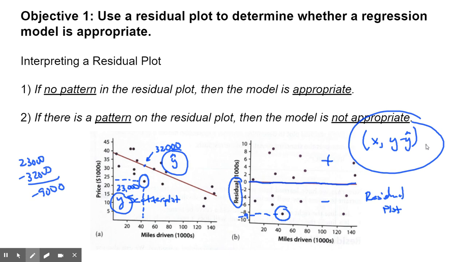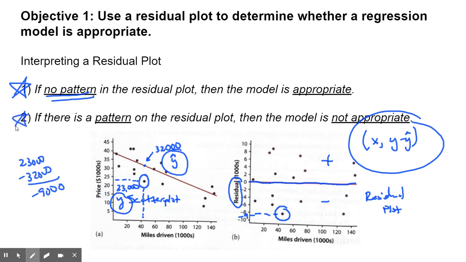So how can it help us determine if a model is a good fit? Well, we are looking for no pattern. If your residual plot has no pattern, then that means it is an appropriate model. If you are looking for random scatter in your residual plot, okay, that means that you have some points on the line, some points below, some points above. That's a good thing, okay?